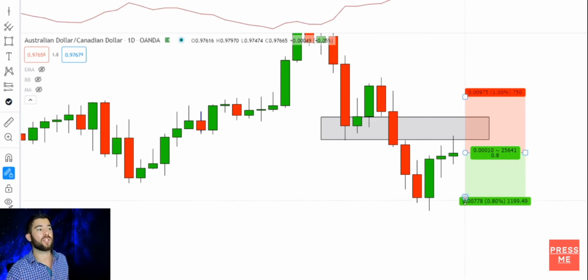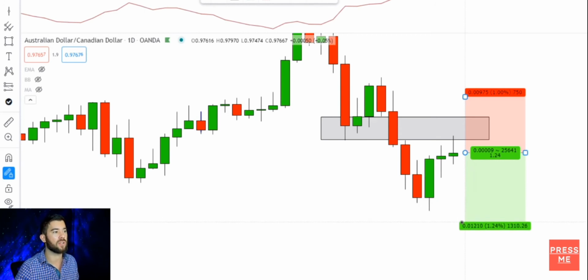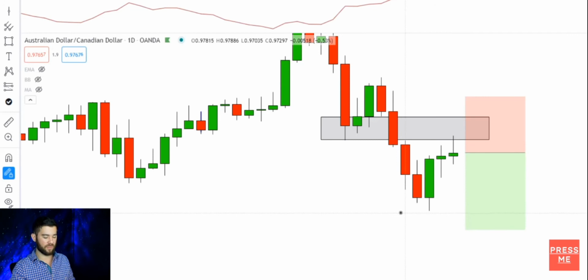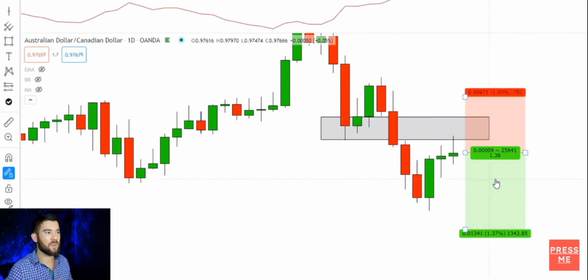Now, for targets, I may say I'm expecting the market to move 2 times the ATR. So what's 2 times 67? 134. So now I can have a 134 pip target. And again, this would work better if there wasn't a level of structure in the way, but for the purpose of the ATR indicator, just go with it. And that sets me up with a 1.4 to 1 reward to risk ratio.